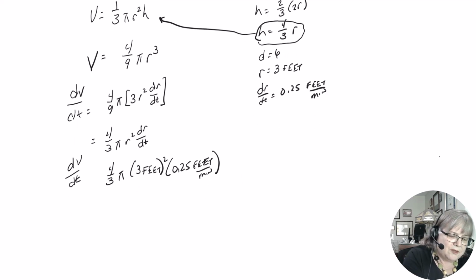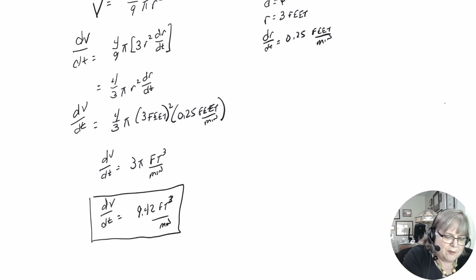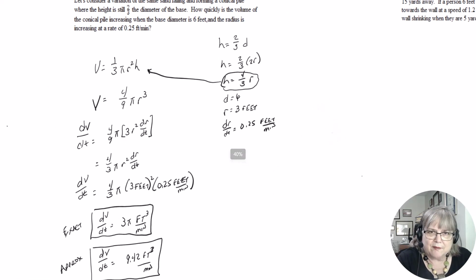So when you straighten this up a little bit, it's 3 pi cubic feet per minute. That would be the exact. Or if you round it, it's something like 9.42 cubic feet per minute. So this is the approximate, and this is the exact. All right. Wasn't too bad after you set up the first one, right?